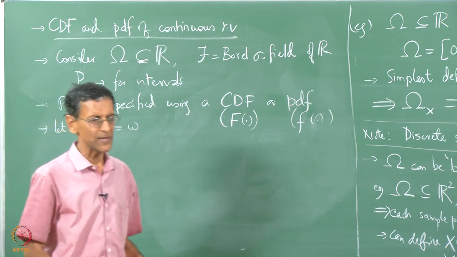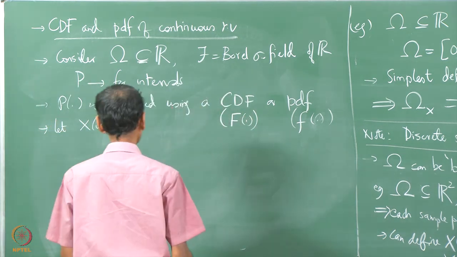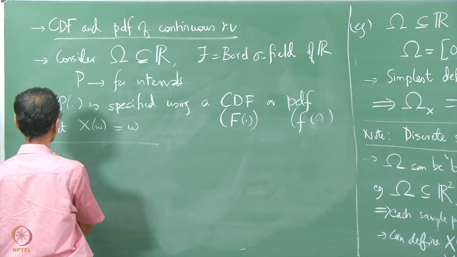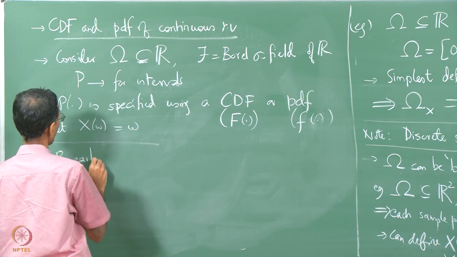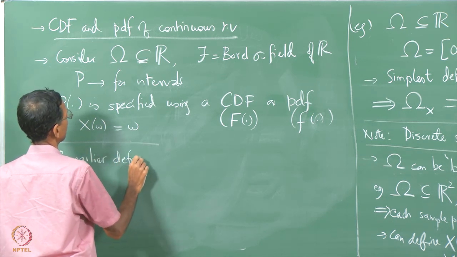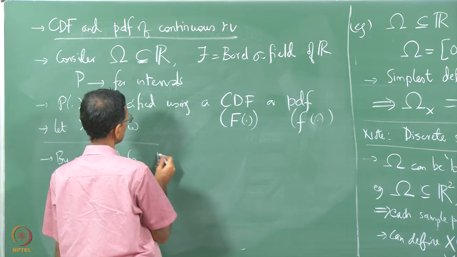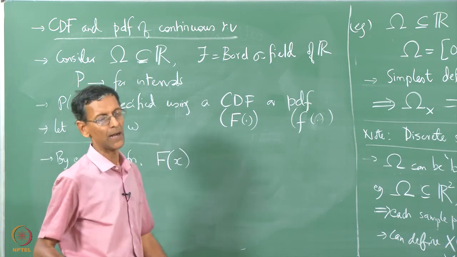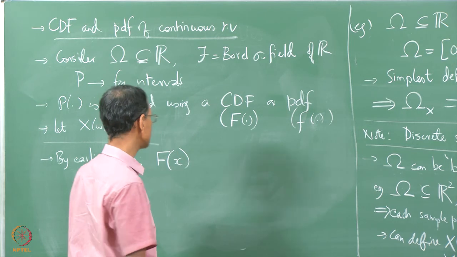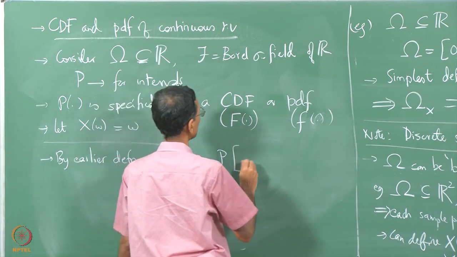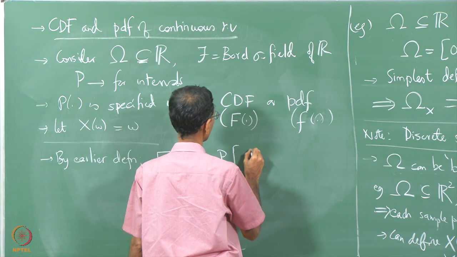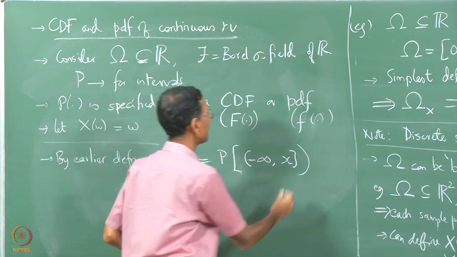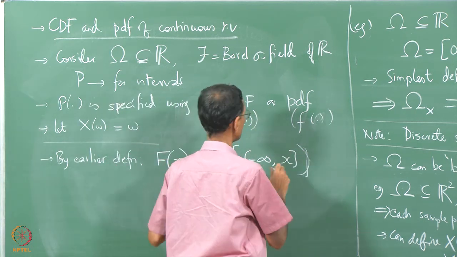Basically, as we pointed out earlier, by the earlier definition the value of the CDF for any real argument is the probability of the interval from minus infinity going up to and including the value of the number that we pick.